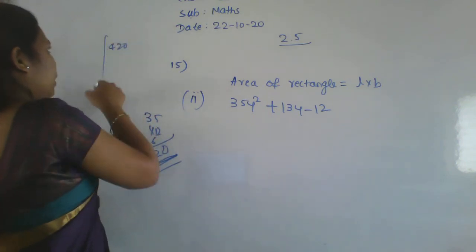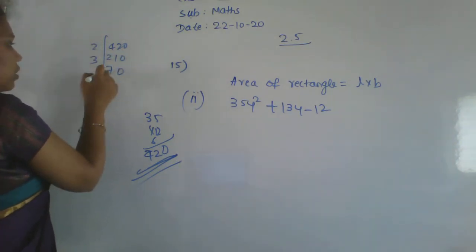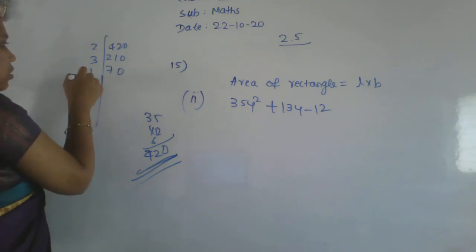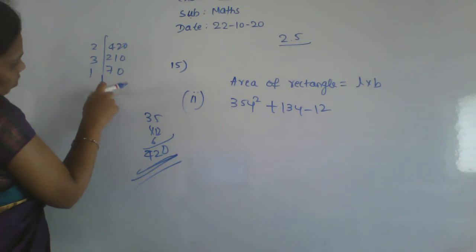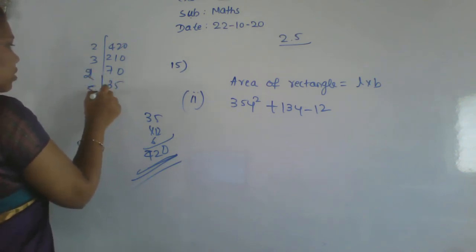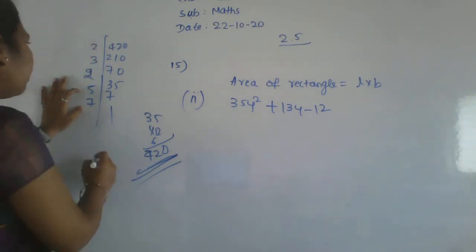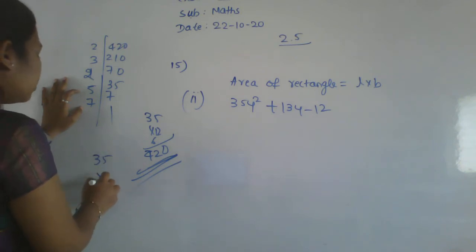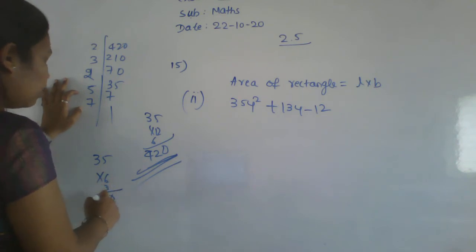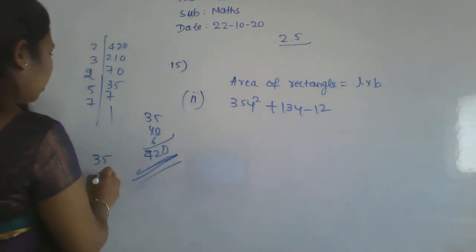Find the factors of 420. 35 and 12: 7 5s are 35, and 2 3s are 6, 6 2s are 12.